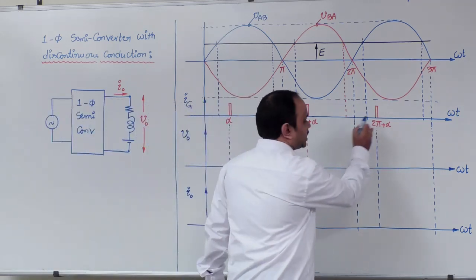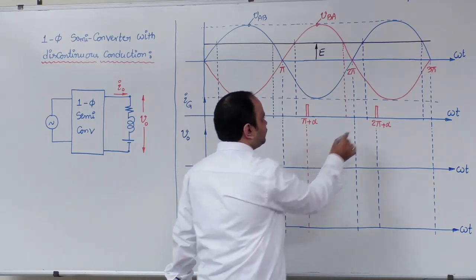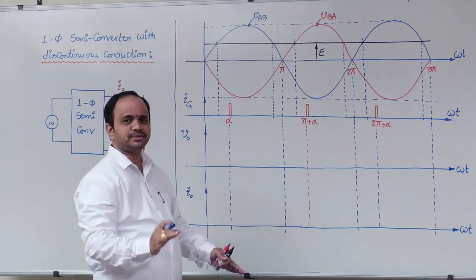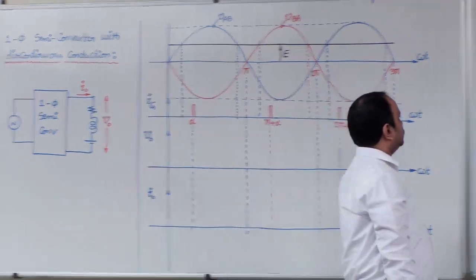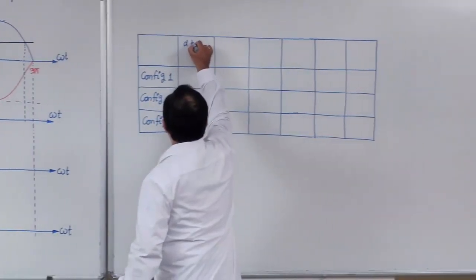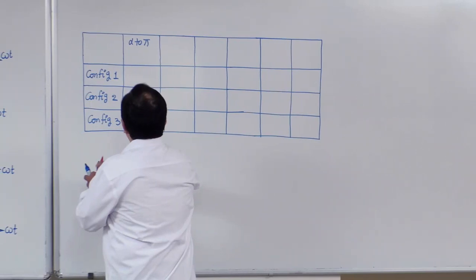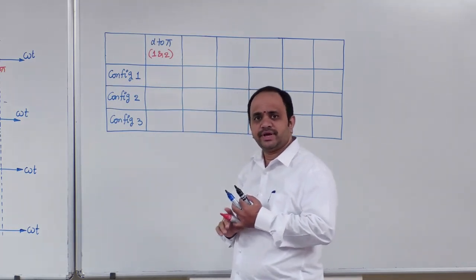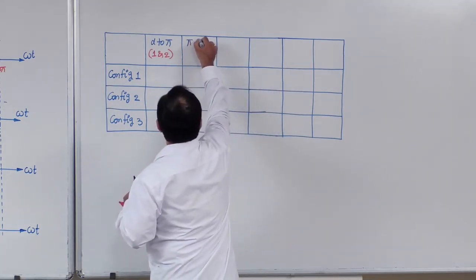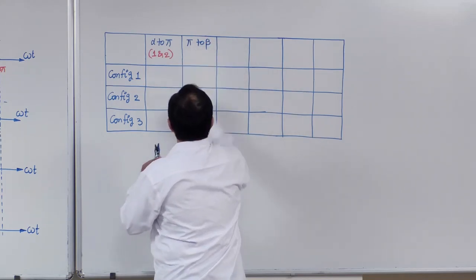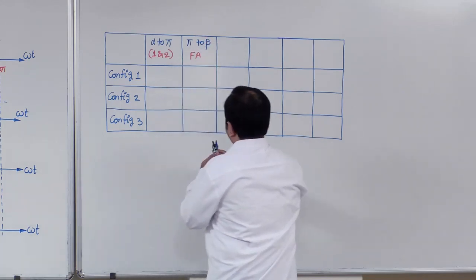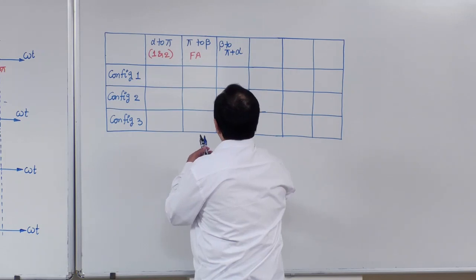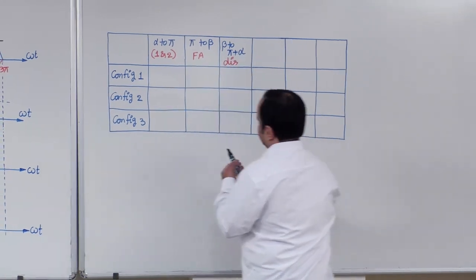2 pi to 2 pi plus alpha, earlier freewheeling action, now it will finish at pi plus beta. Okay, so before going to the waveforms, first let us write down one table. What is that? Alpha to pi conducting devices are first and second position devices. Next, pi to beta, there was freewheeling action. Next, beta to pi plus alpha, it was discontinuous conduction.